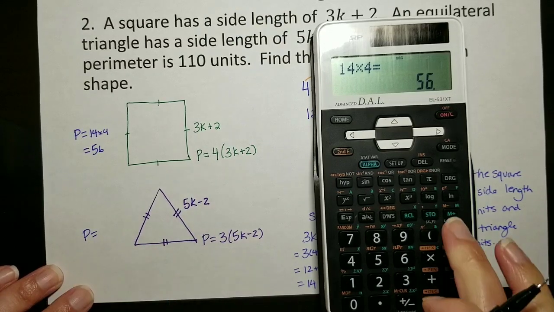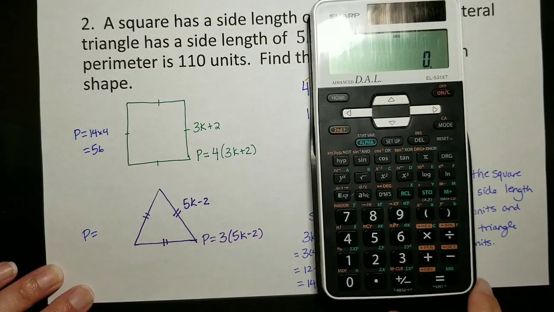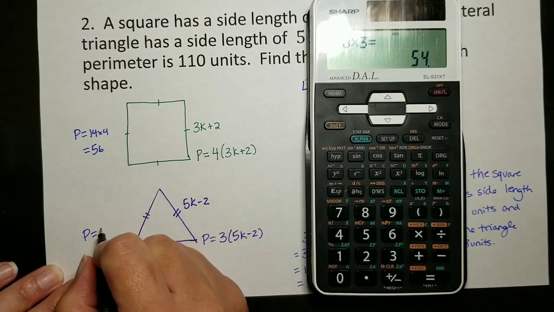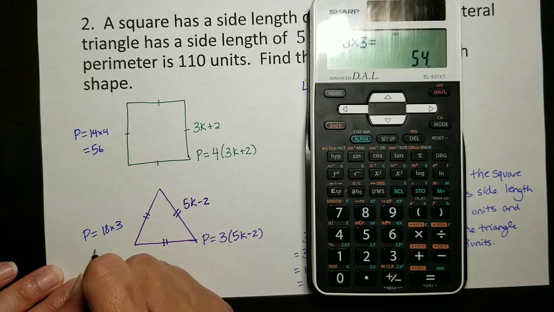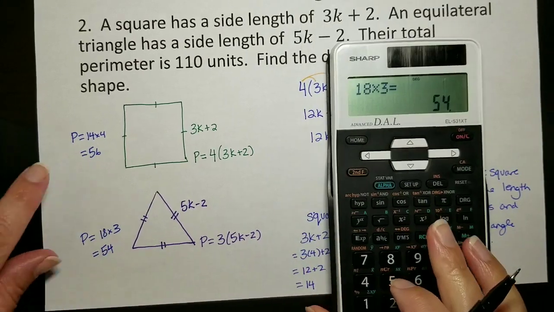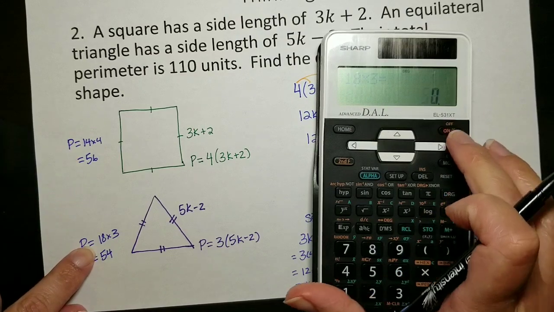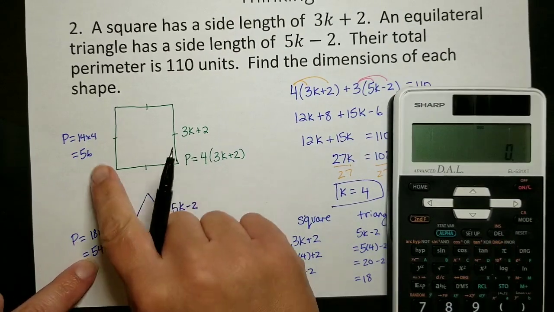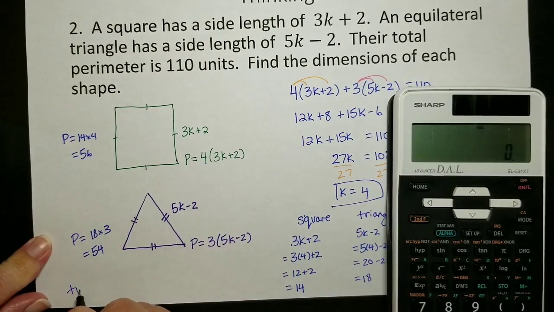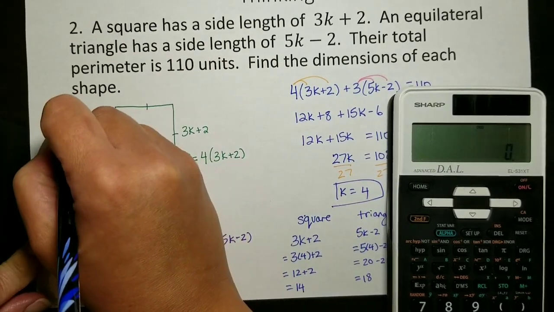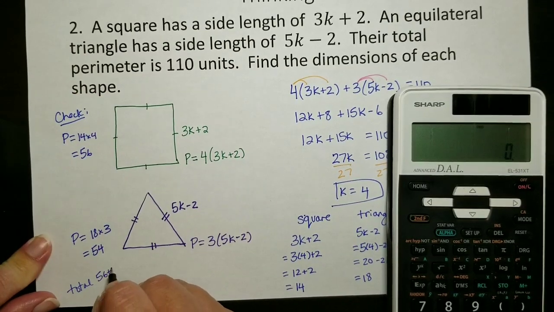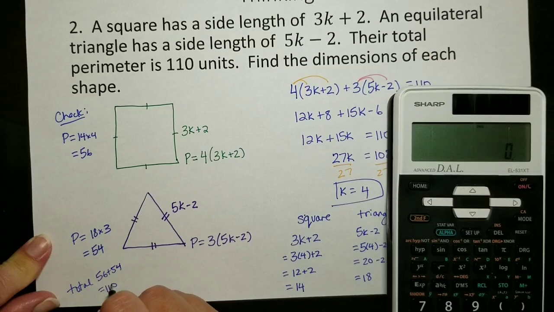And for this one, I solved for the side length as 18. So 18 times 3 is 54. So just double checking, 56 plus 54, use your calculator if you can't add those in your head, but that is 110. So total, I'm just going to write check. 56 plus 54 equals 110.